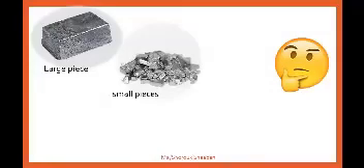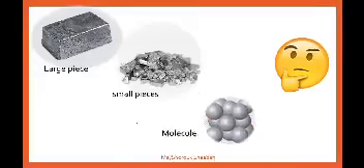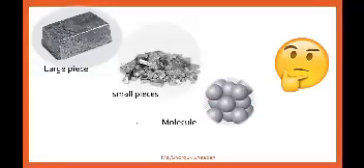Okay, do you think these small pieces are the smallest part of the iron? No. Very good. What is smaller than this? The atoms and molecules. Excellent. You already revised it. Molecule is smaller than this small piece, because molecule with molecule gives me the small piece.